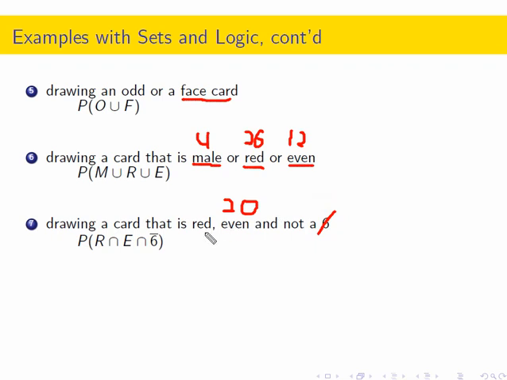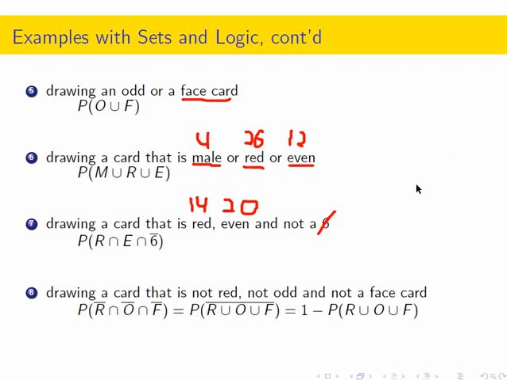So now we have to get all the red cards that are not counted yet, which will be all the odd red cards. There are 7 odd cards per suit, 2 suits that are red, so this should be 14. So we have 34 outcomes divided by 52, or 17 over 26 is our probability there.